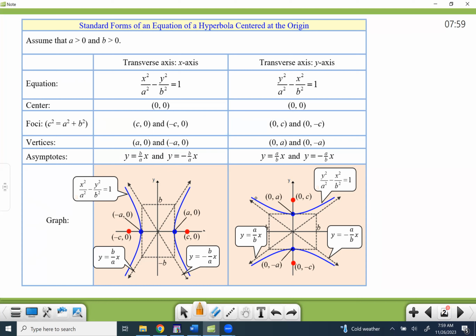If we open vertically, in the y direction, then it's going to be a over b. And that's just the slope. On this particular problem, we went up b, and then we went over a, so the slope should be b over a. On this one over here, we went up a and then over b.